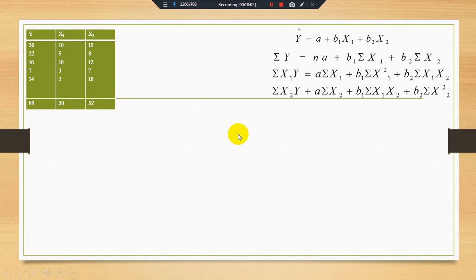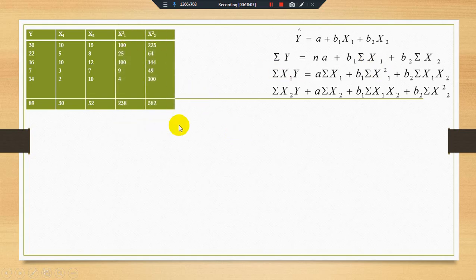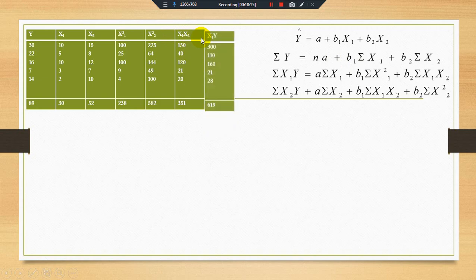Now we find summation x1 square, summation x2 square, and summation x1 x2. We multiply x1 and x2, x1 and y, and x2 and y, and get their sums. Now we have the calculated values of our variables and their interaction terms.